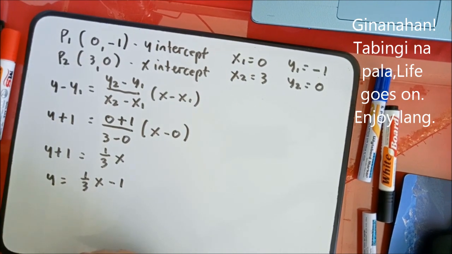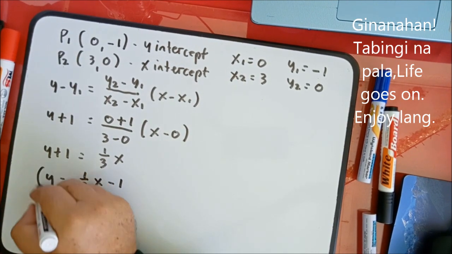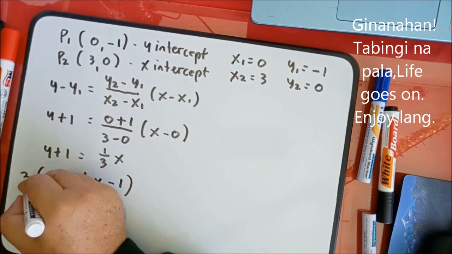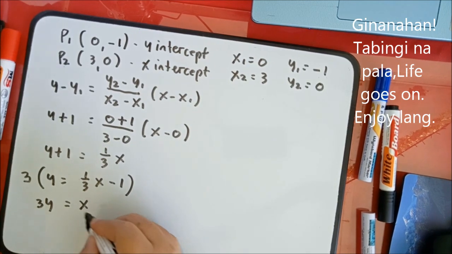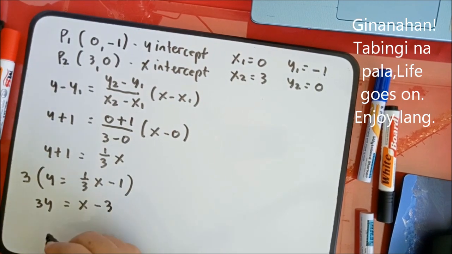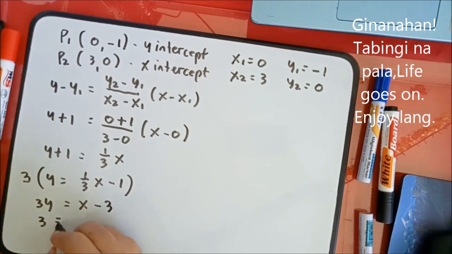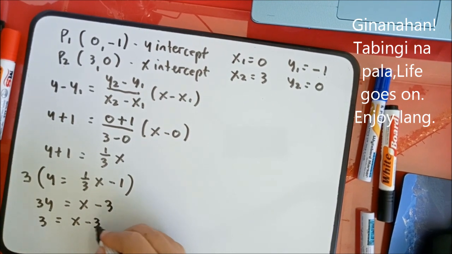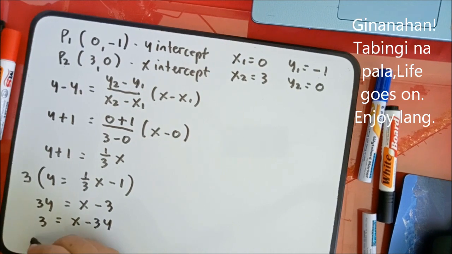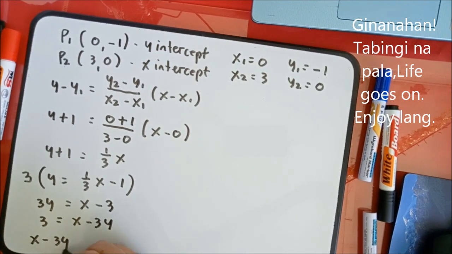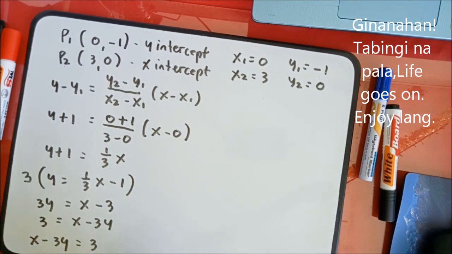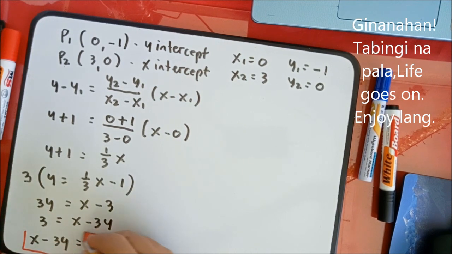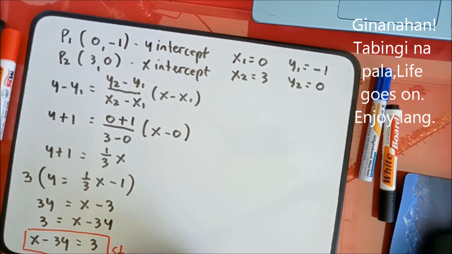Convert to standard form. Okay, multiply by 3. So 3y is equals to x minus 3. Then x minus 3y is equals to 3. Okay, tingnan natin. Ito na standard form natin.